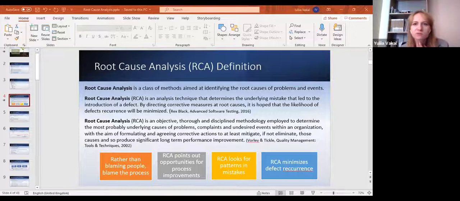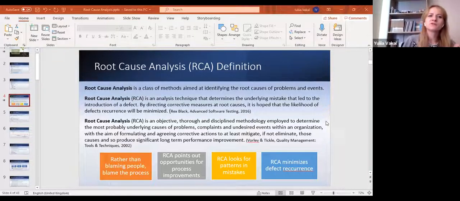If you want, you can send me a message on LinkedIn. So: quality management tools and techniques, the handbook on root cause analysis, and test improvement process by Graham Bath. This one I remember.